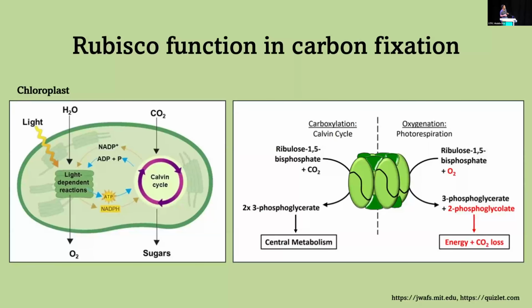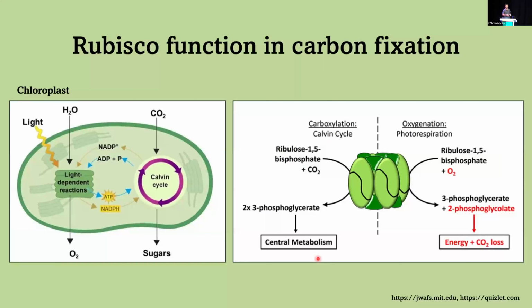So this is all done in chloroplasts, but also outside of chloroplasts sometimes. Rubisco has this carboxylation reaction, which is favored, and this fixes the CO2 and assimilates the carbon into the central metabolism. So you get the initial precursor for sugars and almost all the biomass.